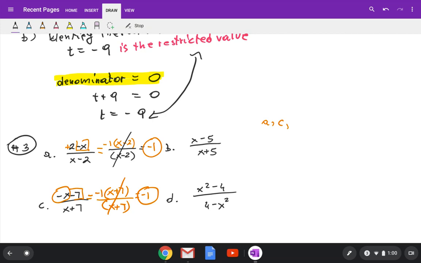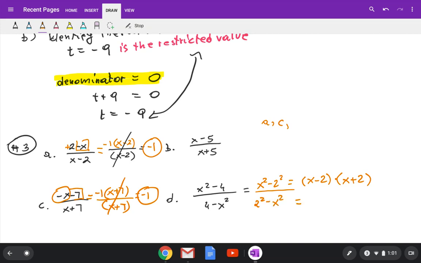So let me move on to D. D, I'm going to factor. So x squared minus 4 is the same as x squared minus 2 squared, and this is a difference of squares formula. You can factor this as x minus 2 times x plus 2. Okay, and on the bottom, you have 4 minus x squared, which is the same as 2 squared minus x squared.